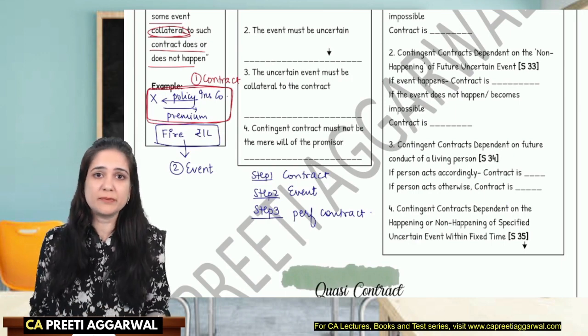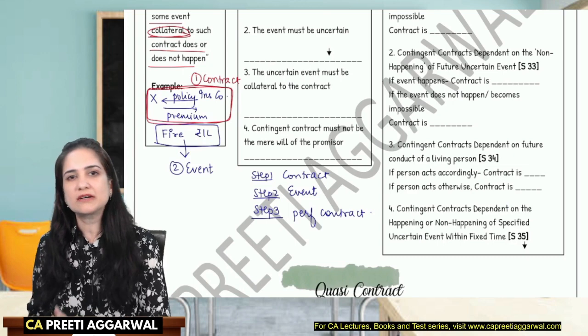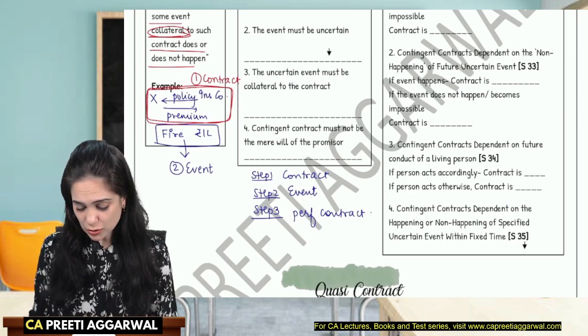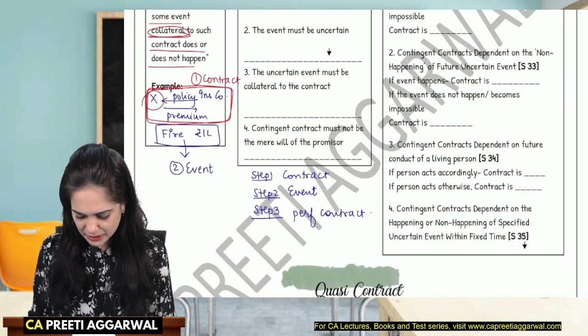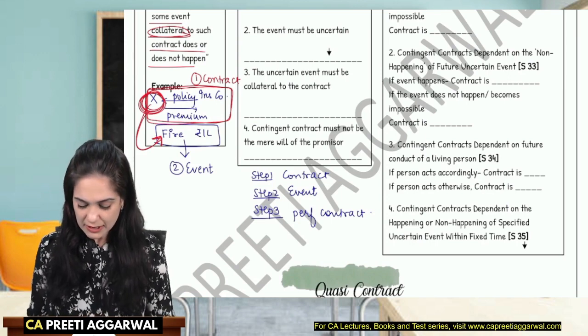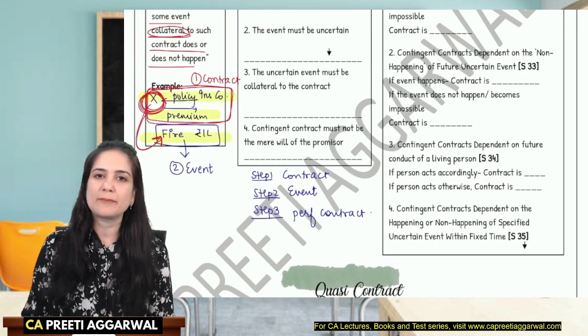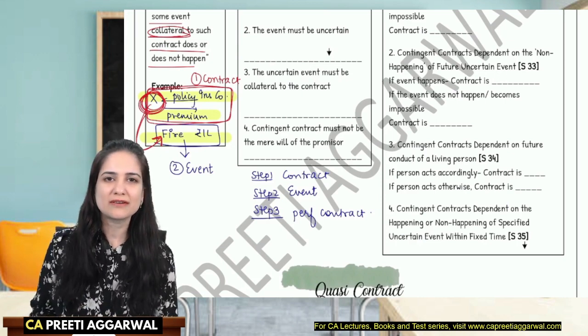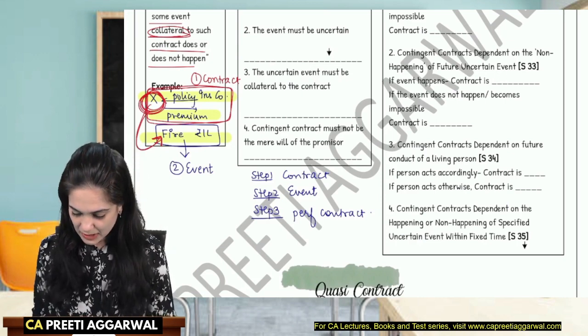Now, fire may occur, it may not occur. If the fire occurs, X will get money. If the fire does not occur, he will not get money. So, whether X will get money or not depends upon an uncertain future event. So, the performance of the contract depends upon happening or non-happening of the uncertain event. It's a contingent contract.